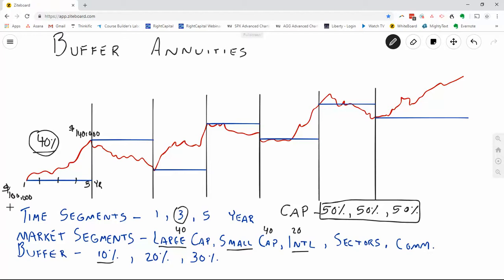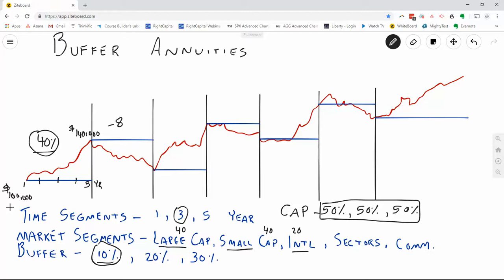Let's say in this particular case, after a full 3 years, the account went down a total of 8% over good times, bad times, and everything. The full 3-year period was negative 8%. I have a 10% buffer. That means that the company is going to absorb the first 10%. So what's going to happen?